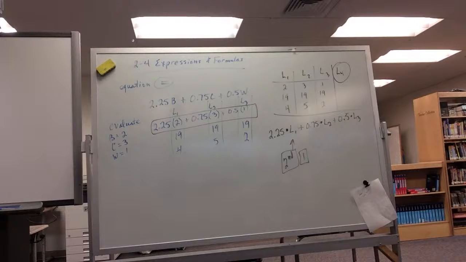Well, you're doing 2.25 plus. Alright, so hit here. Okay, 2.25. You can just set this down.